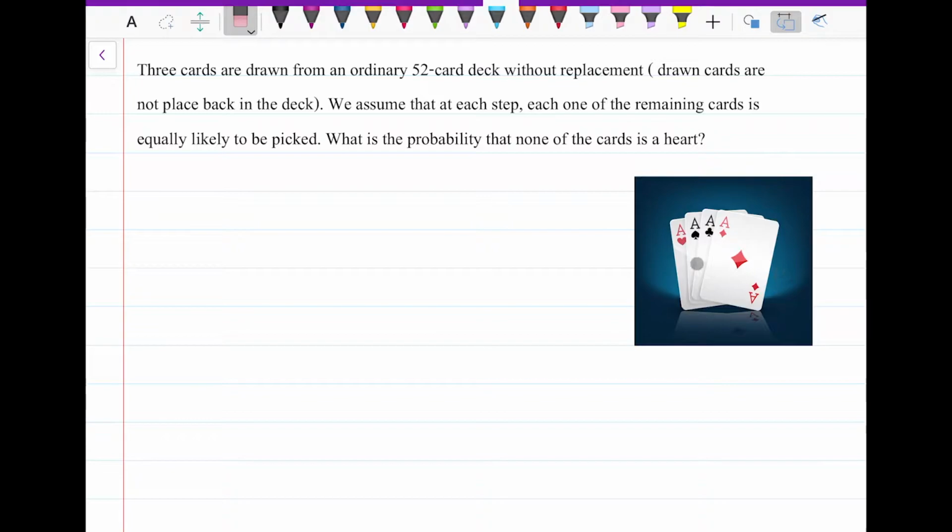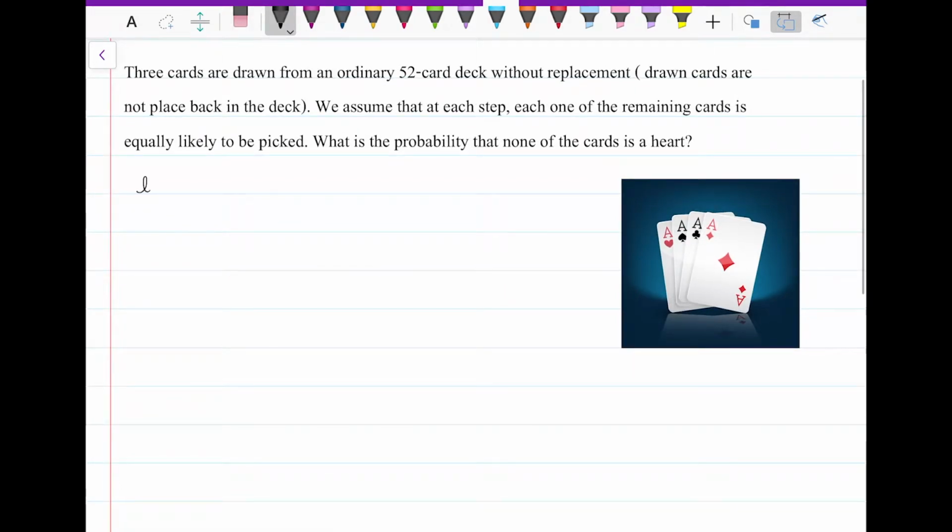So in a 52 card deck, we have 4 categories: diamonds, club, spade, and heart. And in this question, we want to draw 3 cards and we want to find the probability that none of these 3 cards is a heart. So let's define the events first.